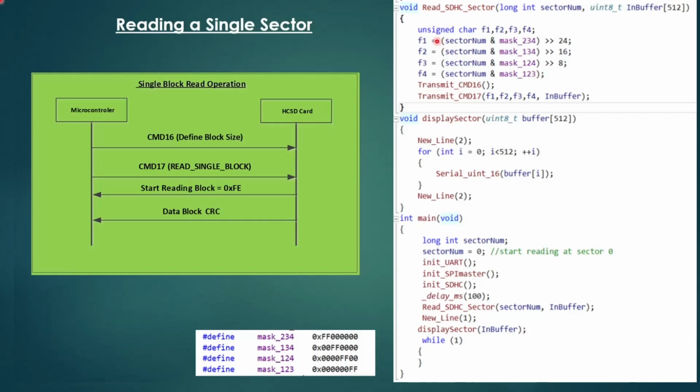That's the first step: putting the sector number into 4 parameters of 8 bits each, which is what we can transfer via the SPI.